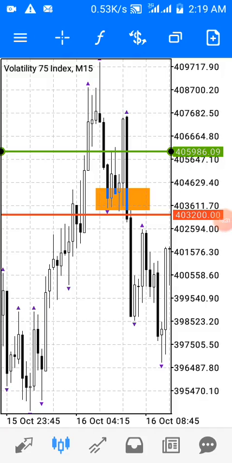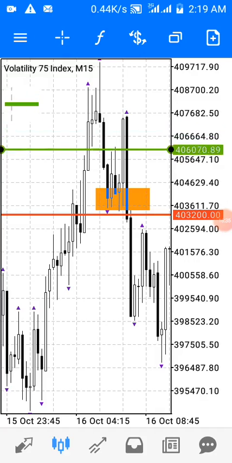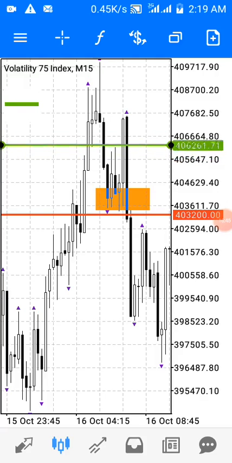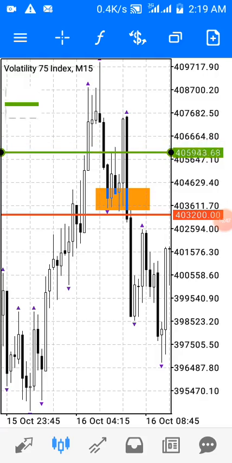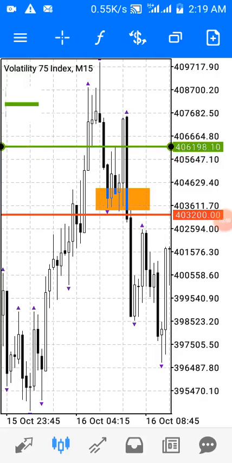This is your 0.001 sell trade. Then your hedge, which is your buy trade, will be times 3. You multiply it by 3. This particular pending order will be multiplied by 3. So that means this buy stop order will now be 0.003.